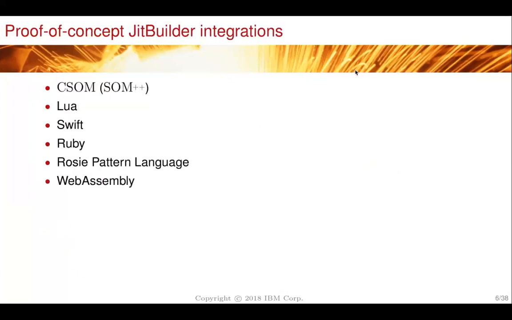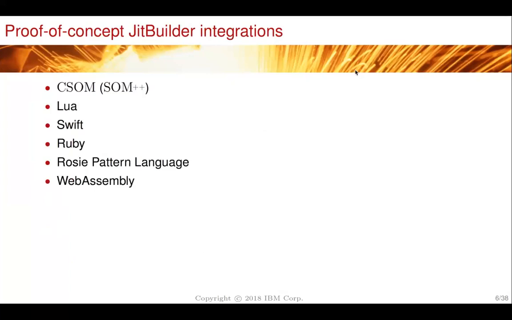So there have been several proofs of concept of JitBuilder JIT compiler integrations, including CSOM or SOM++, which was mostly worked on by Charlie Gracie from the Ottawa team, Lua, that I created myself 2 years ago, as I said.